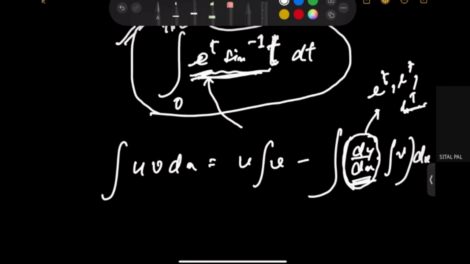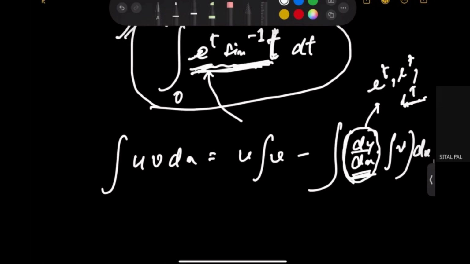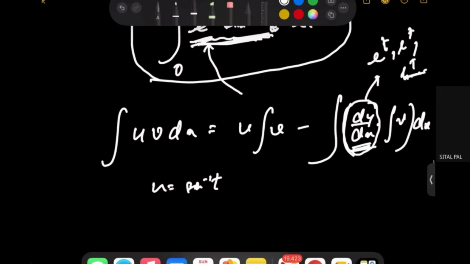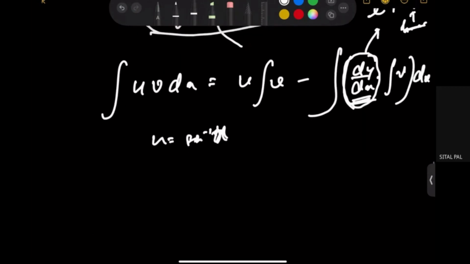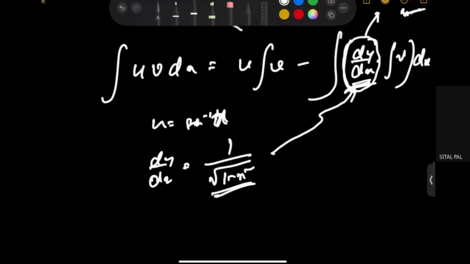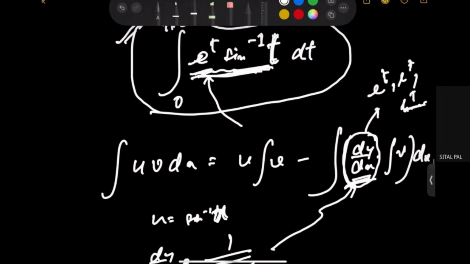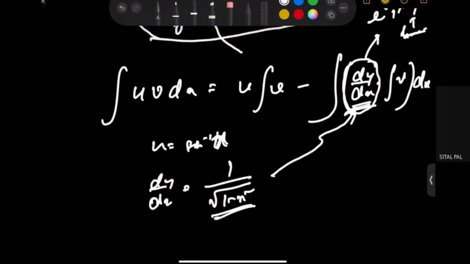If you put u to be sine inverse of t, replacing the variable by x, then du by dx will be minus 1 by square root of 1 minus x squared, right? So that becomes complex again. Are you following?